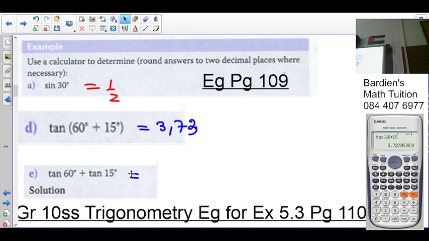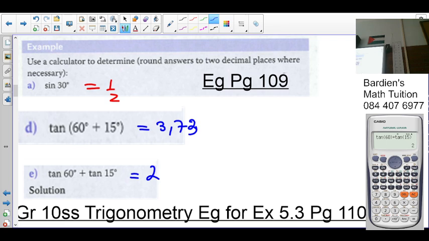And you guys got it? Yes, sir. So that would simply be 10 sine 60, close brackets, plus 10 sine 15, close brackets. Can you give us an answer?